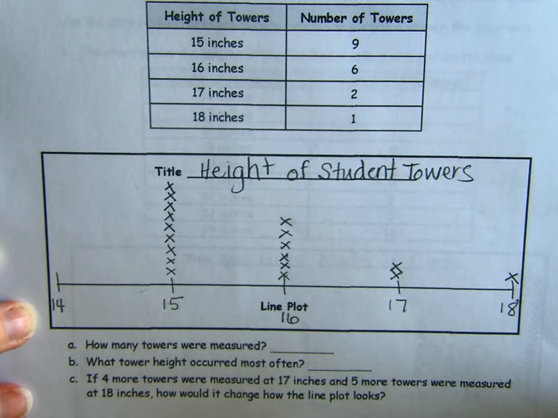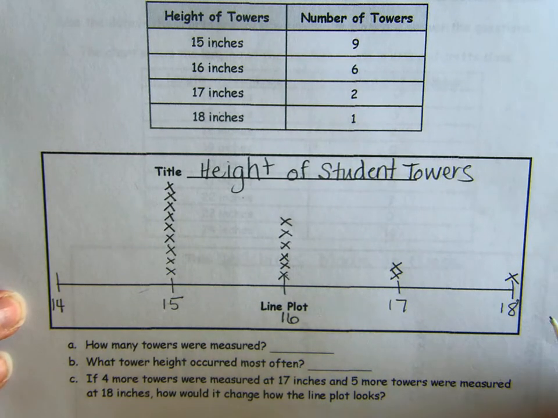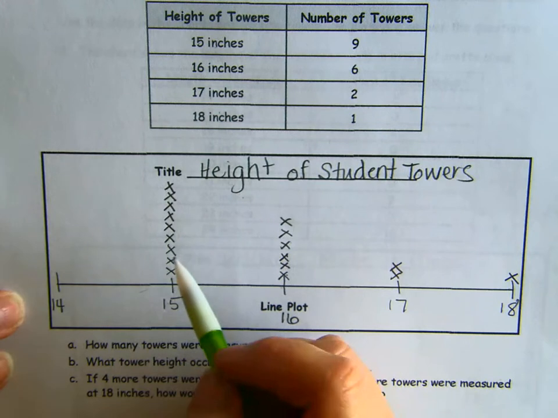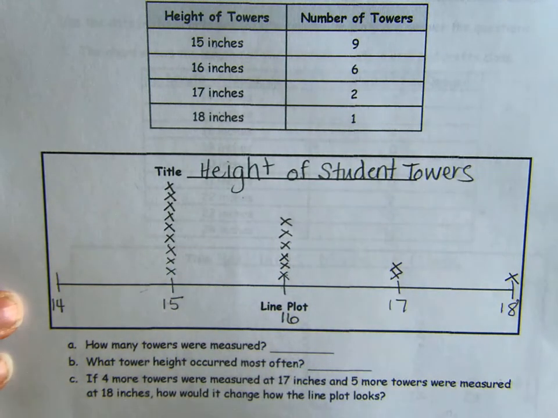Have you ever tried to stack blocks block by block by block? It's not always easy. So the higher your tower is, the more likely it is to fall over. And then you're not going to be able to measure it at all. So I'm going to guess that this was the height that most people got to without it falling over. And then a few people got a little bit higher.